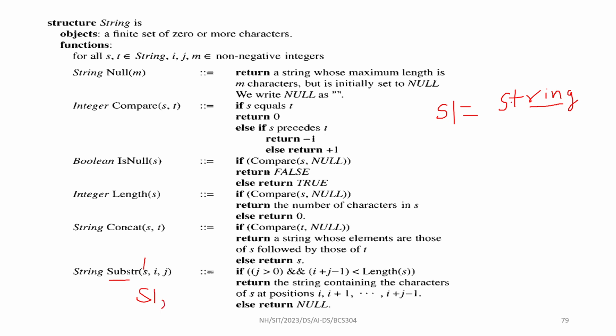From which position do I have to extract? I will take positions 0, 1, and from position 2 you have to start extracting. How many characters to extract? 3 characters, so the value will be 3.